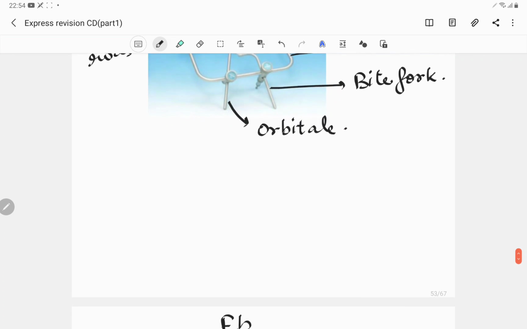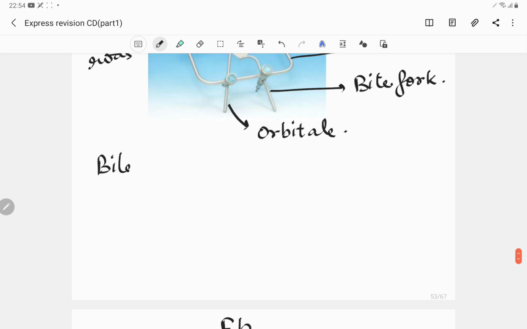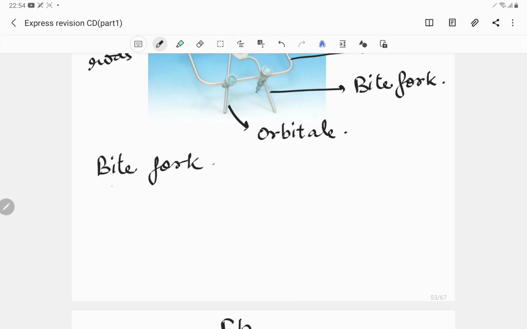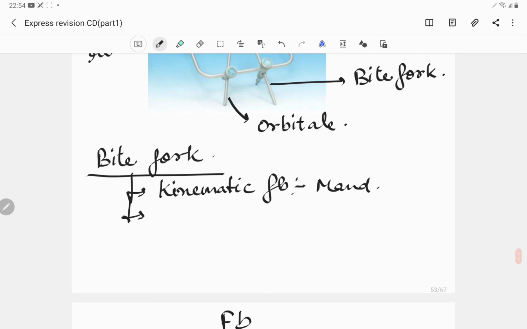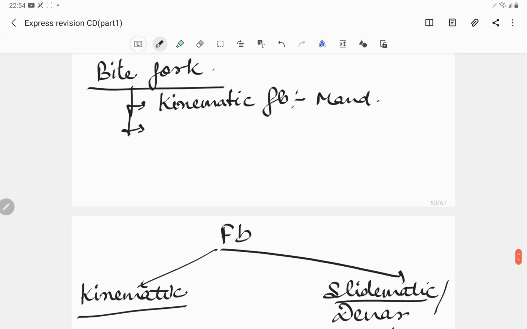So again, talking about the bite fork. The bite fork for the kinematic face bow is attached to the mandible, and in the arbitrary face bow, like our Hanau, which is an arbitrary face bow, right, it is attached to the maxilla.